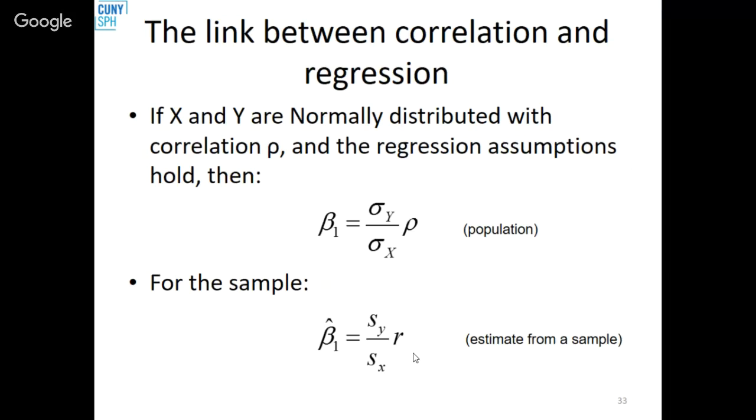So whereas beta is a slope and has the units of the Y variable divided by the units of the X variable, the correlation coefficient is unitless, but then we are multiplying by the units of the Y variable divided by the units of the X variable.